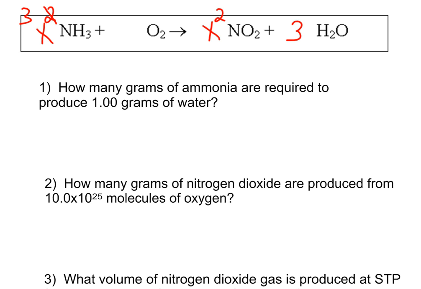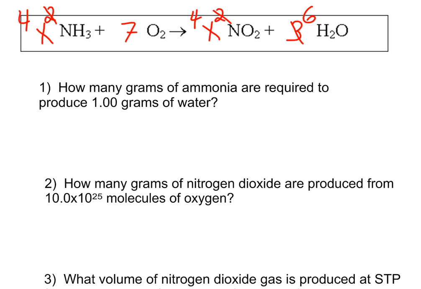So that gives me a 4 in front of the ammonia, a 4 in front of the NO2, and a 6 in front of the water. And so now I look again, and I have 8 oxygens in the NO2 and 6 in the H2O, which is 14. So I would then need 7 in front of the O2 to get 14 on the other side. So just to refresh, we do need to have our balancing skills at hand.